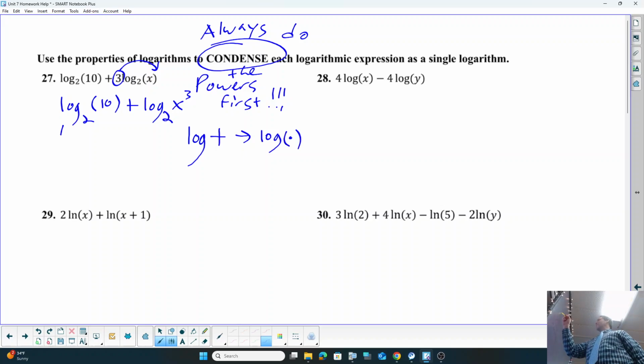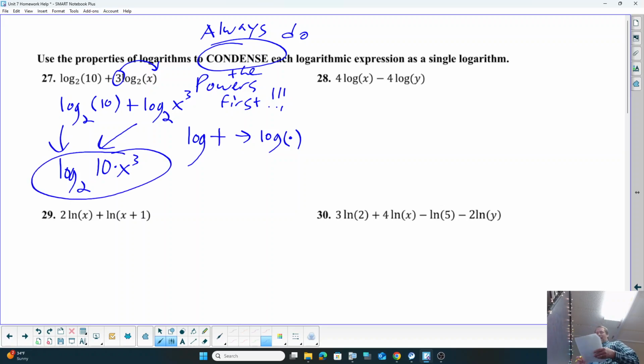So we're going to condense these 2 logs down into 1 log base 2, and then we're going to do log multiplication. So 10 plus x to the 3rd power becomes 10 times x to the 3rd power is our answer for number 27.